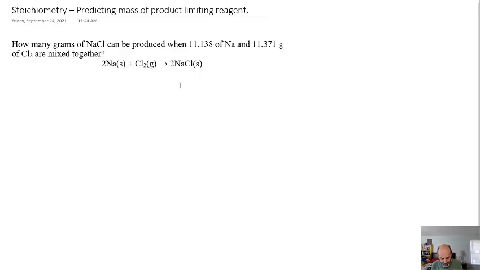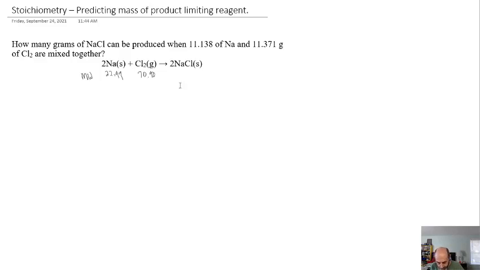So let's do an inventory of what we're given. Let's first write down the things that we look up or are given. First off, we look up the molecular weight for sodium. That's 22.99. Cl2 is 70.90.